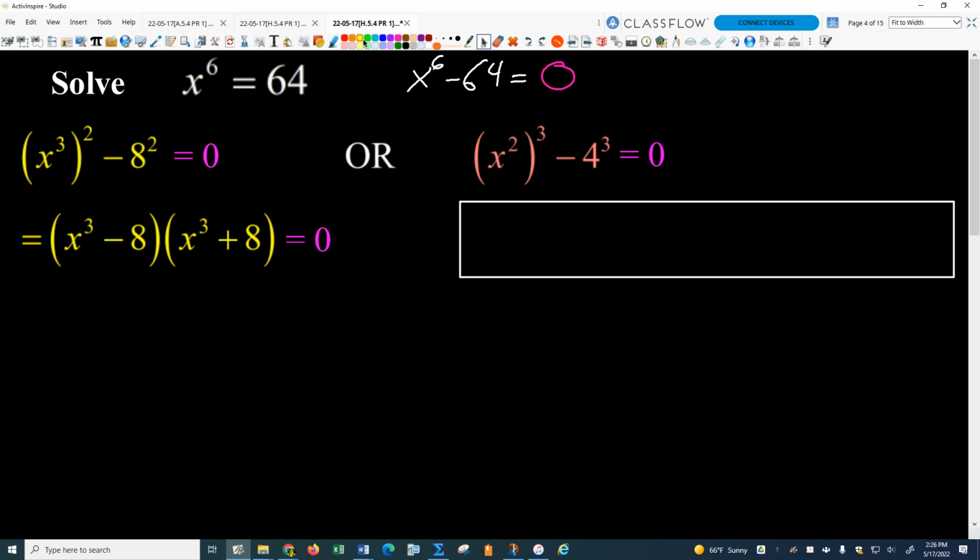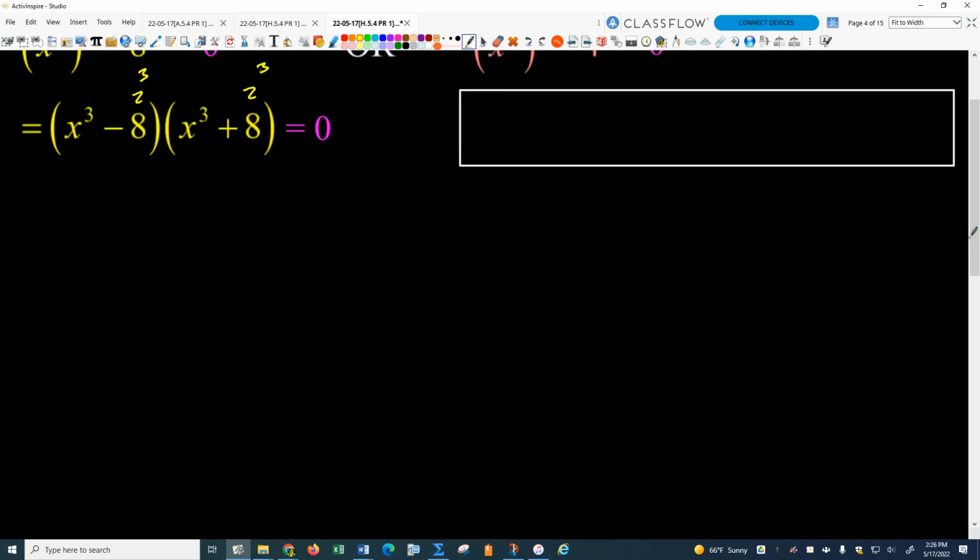I could rewrite that 8 if I want to as a 2 cubed in each case. And look, I've got a difference of cubes pattern, x cubed minus 2 cubed, and times a sum of cubes pattern, x cubed plus 2 cubed, right? So I could split each of those again, okay? What am I going to get if I do that? What am I going to get from this first one?